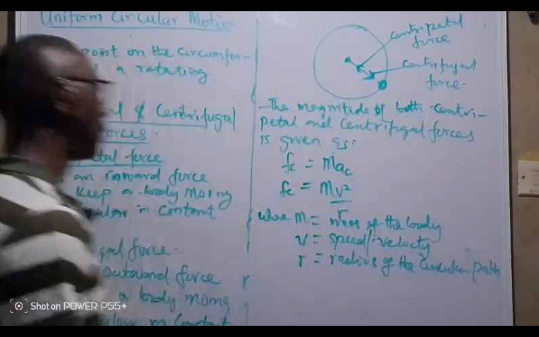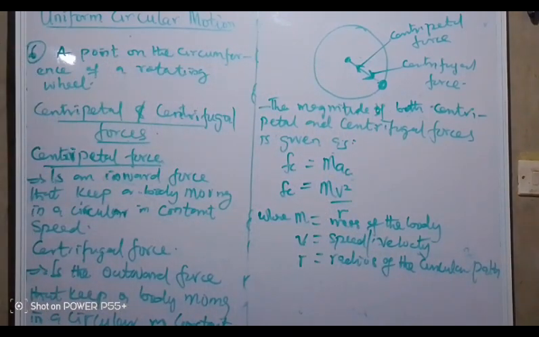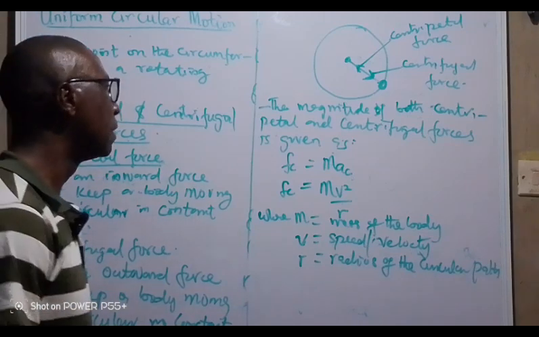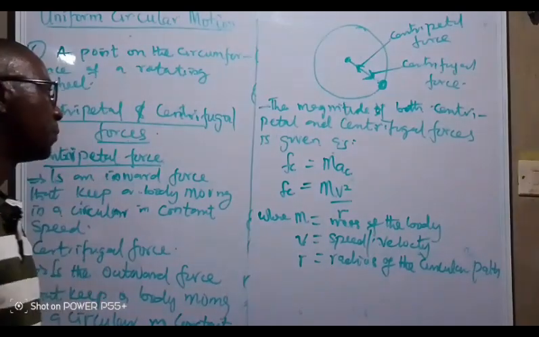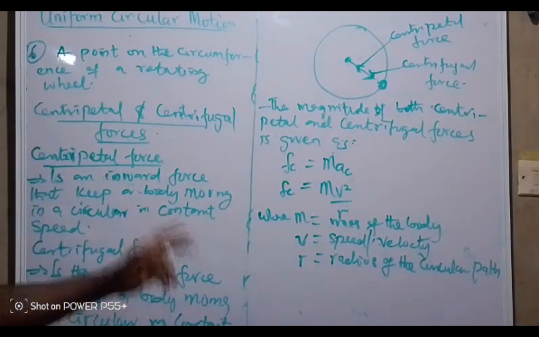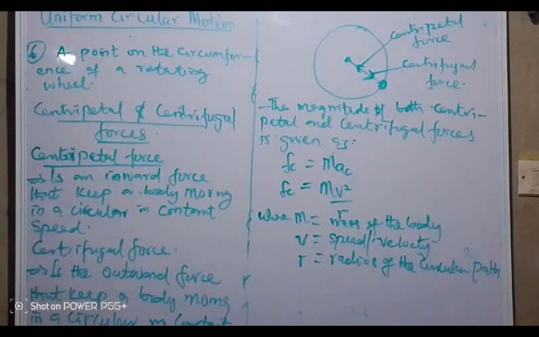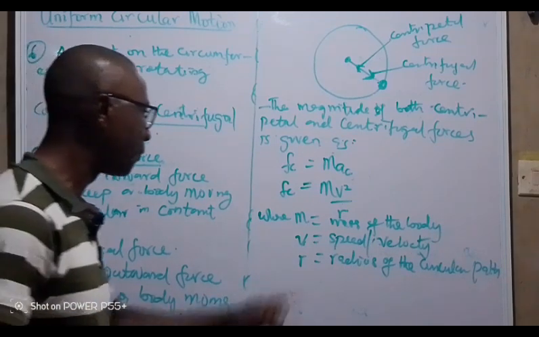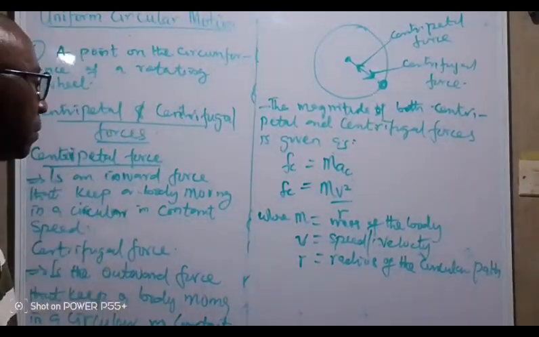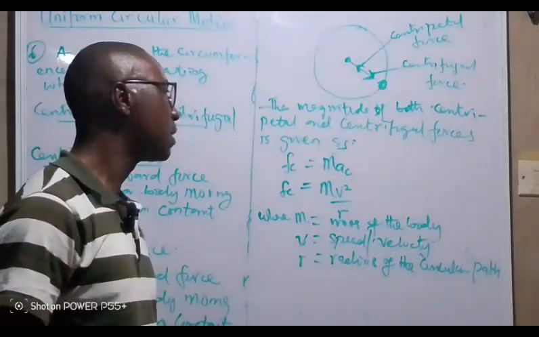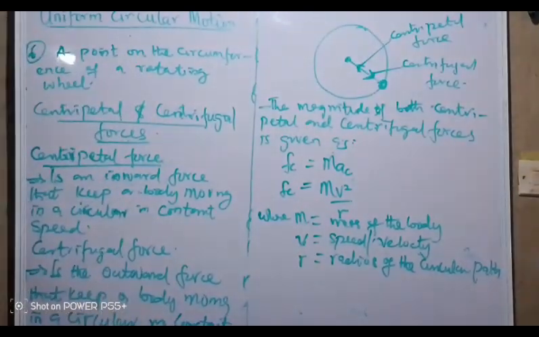Now, from what we have written on the board, we can see that the magnitude of centripetal and centrifugal force depends on three factors. Number one, the mass of the body. Two, the velocity at which the body is moving.